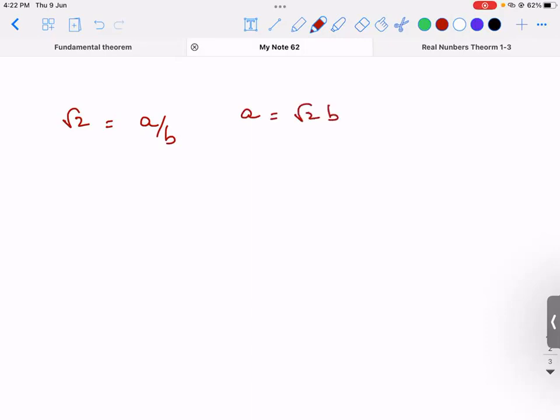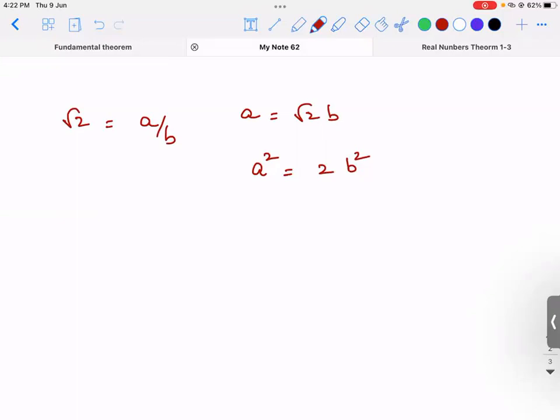Then what will you do? A squared is equal to 2B squared. Then what will you say? So, A squared is a number divisible by 2. Then you will say A is a number which is divisible by 2.